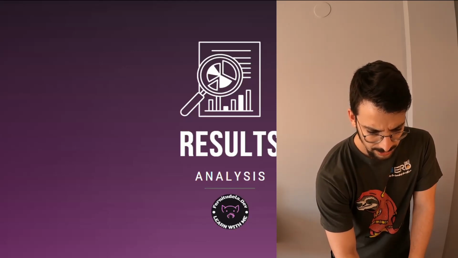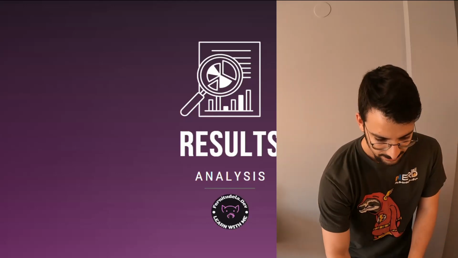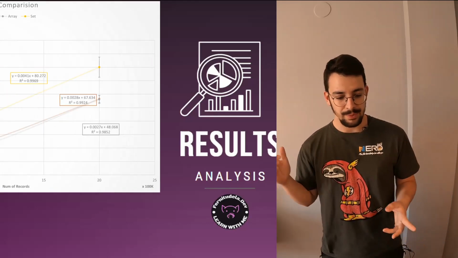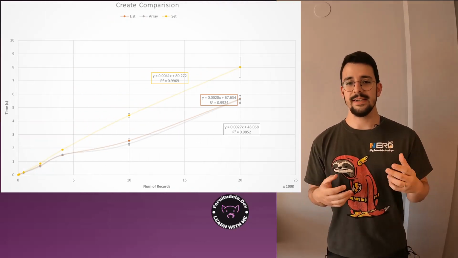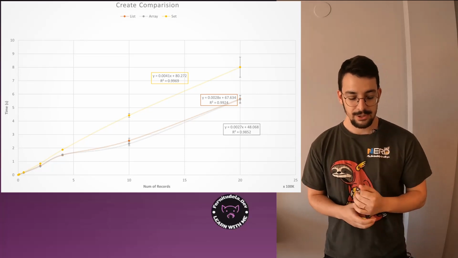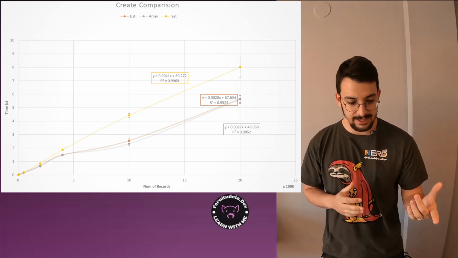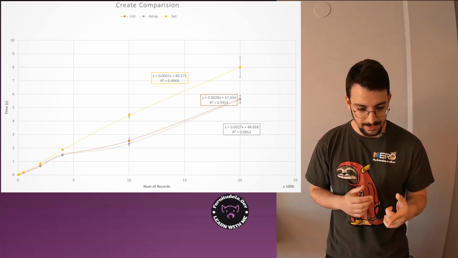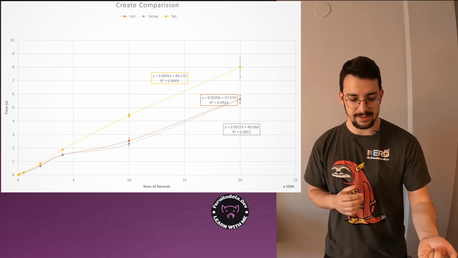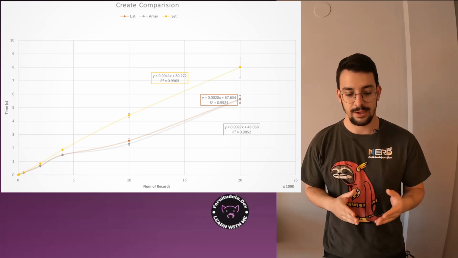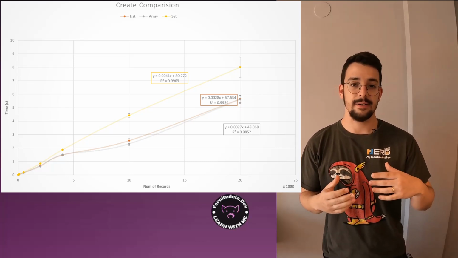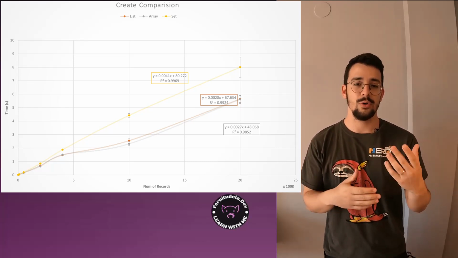If we go to the other comparison, we can see how all of them are linear, so there are no massive differences. We can see how the set is the slowest, so the time is the maximum, and that's because the set, as I said, only allows unique values.